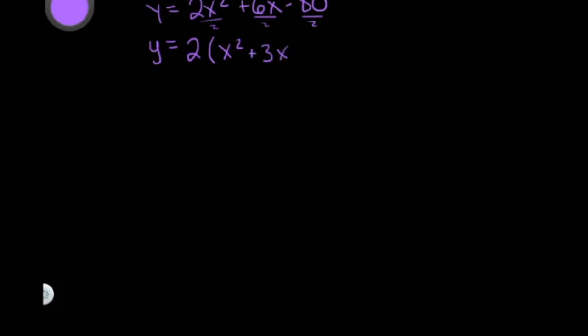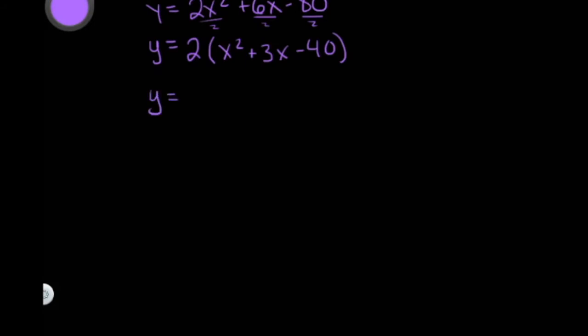And negative 80 divided by 2 is negative 40. So we're partway there now, because this is like where we started the last question with what we have in brackets. We had this extra 2 we had to take out. So now we need to factor what's left in the brackets.